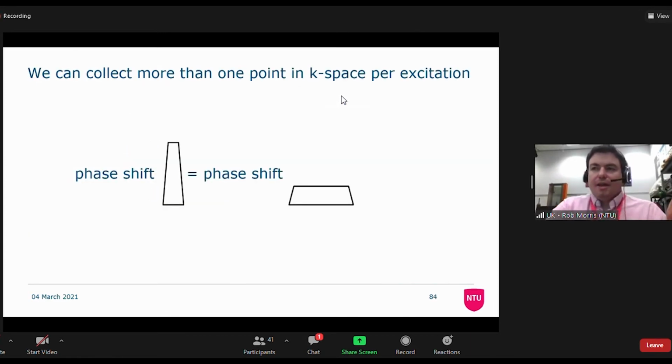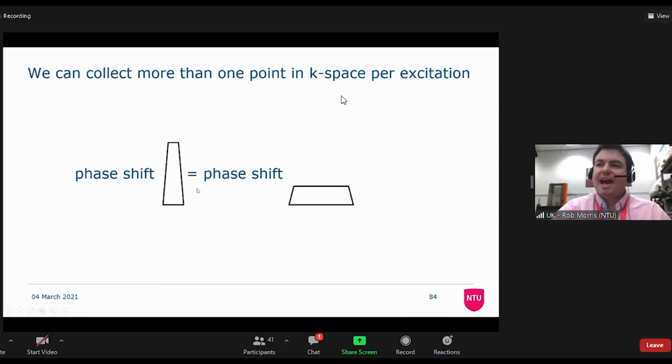The thing which is important to realize, and I've briefly mentioned this, is that when we apply a gradient, we're applying a phase shift to our system. If I put on a really strong gradient for not very long, it will be shifted by exactly the same amount as if I have a very small gradient that's on for a very long time.